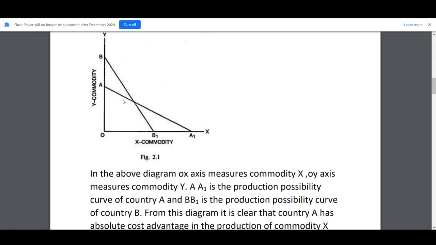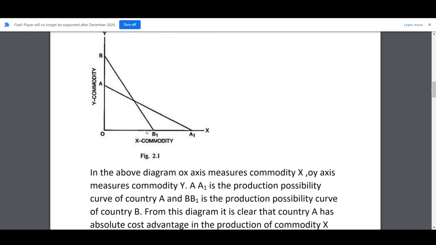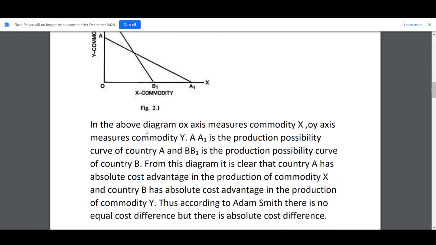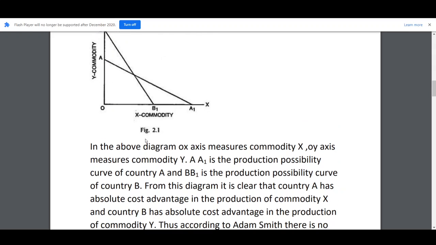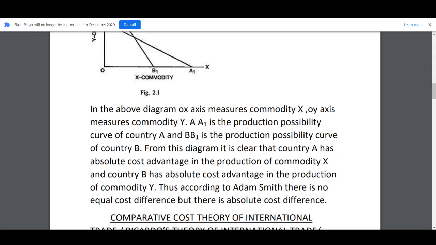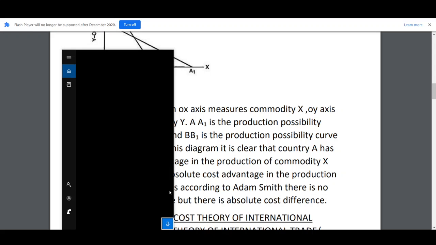So country A has absolute cost advantage in the production of which commodity? The commodity X. Okay. Now, BB1 is the production possibility curve of which country? Country B. And it has absolute cost advantage in the production of which commodity? You can see in the diagram which commodity we have.